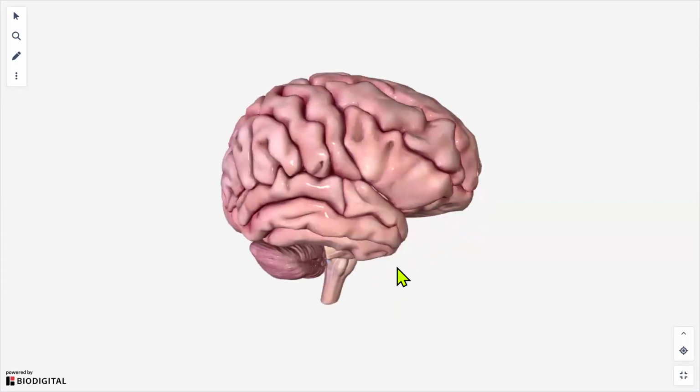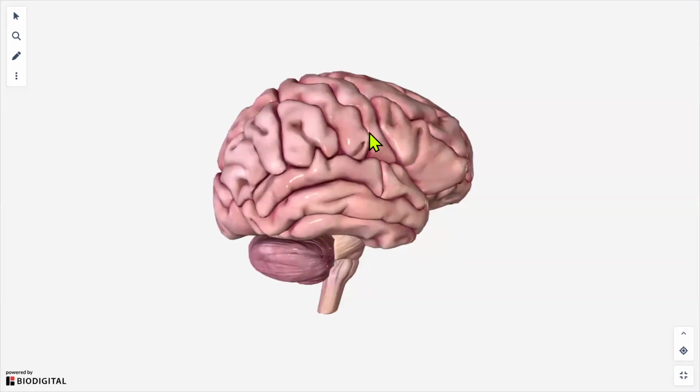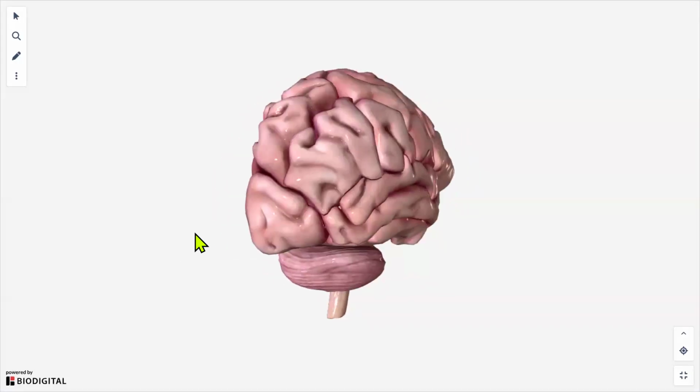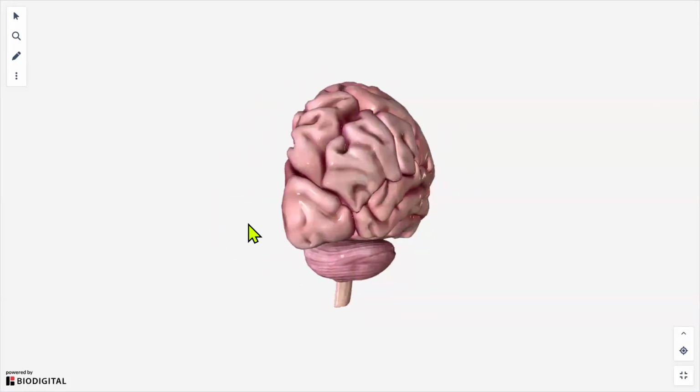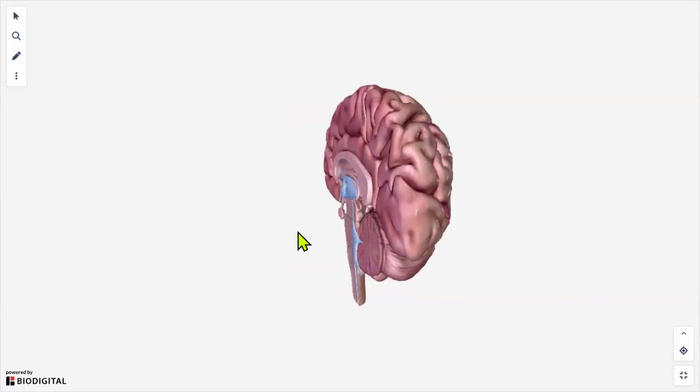Now, same brain, but this time the cerebellum is at the left, and the brain is not cut open. We are looking at the side of the brain. If you're looking at the side of the brain, and the back is on the left, then this is going to be the right half, right? So if you're having trouble, play around with this model, rotate it from side to side and see what it appears to be.